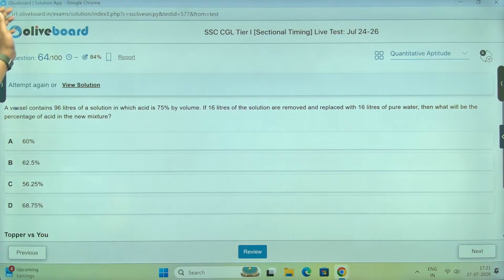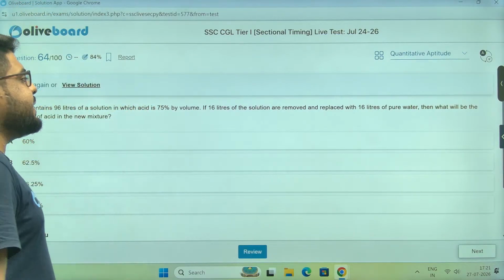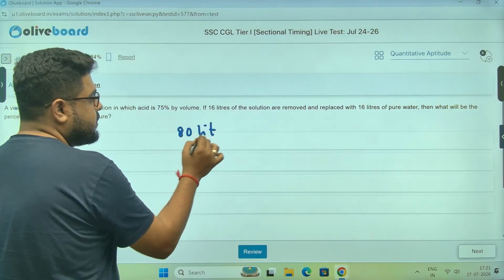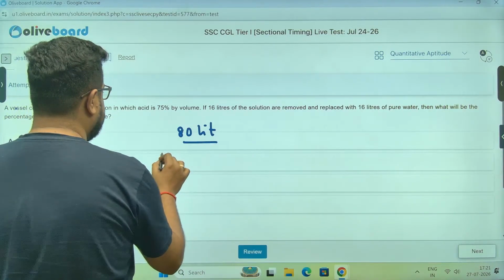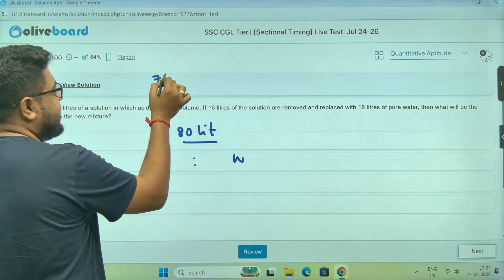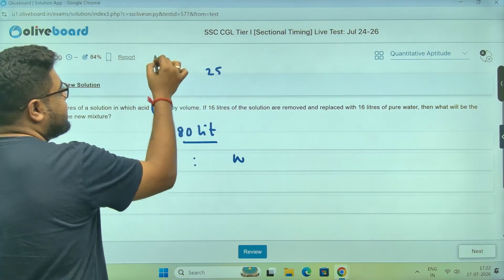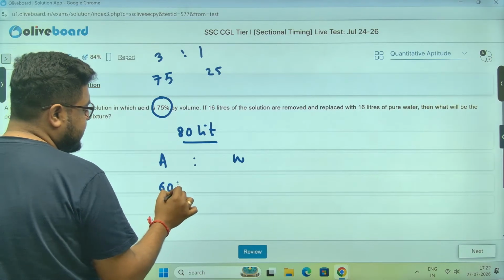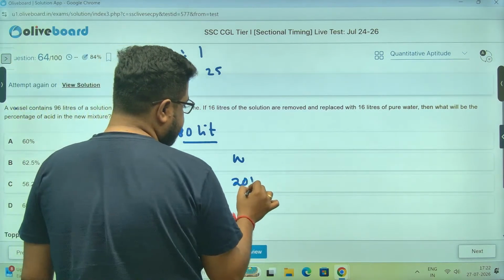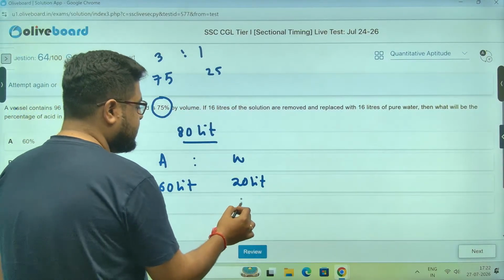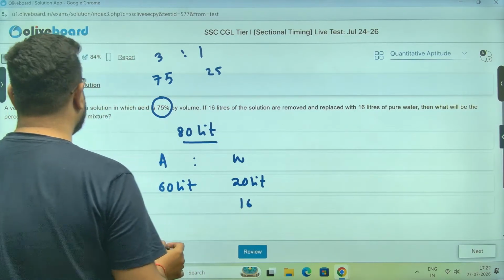Vessel contains 96 liters, 70% volume, 16 liters removed, meaning 80 liters is remaining, sir. Acid to water is 75%, meaning 75:25, meaning 3:1, sir. So over here, 3 parts is 60 liters, 1 part is 20 liters. Now replacement happened. 16 liters of pure water I have added. So what will be the percentage of acid?